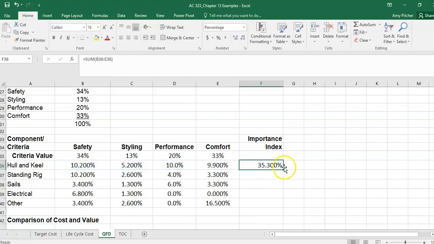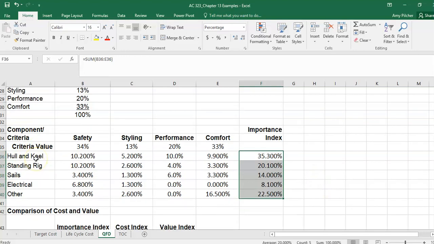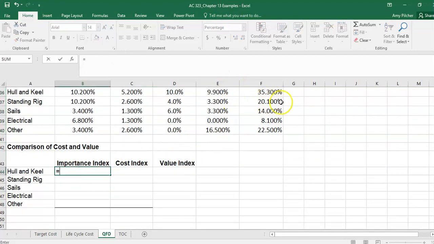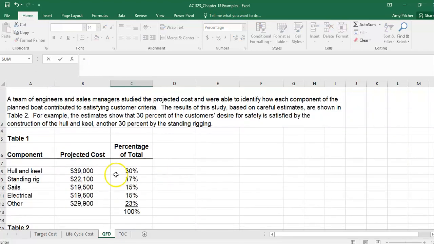We now have an importance index for each of the components of our sales boat based on our customers' criteria. So we bring our importance index information down here, and we compare it to our cost index review from above.